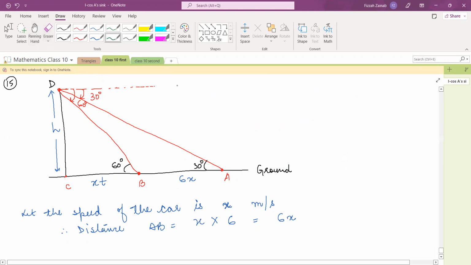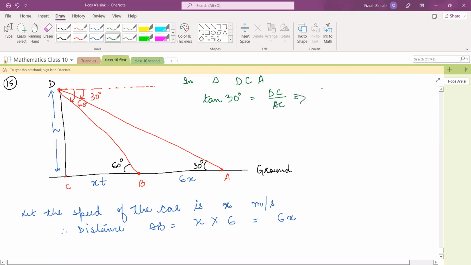So if I try this triangle, let's say the smaller one or the bigger one, DCA. Can you see DCA? If I do tan of 30 degrees, let's see what comes out. Tan 30 is perpendicular by base, that means DC divided by AC, correct?